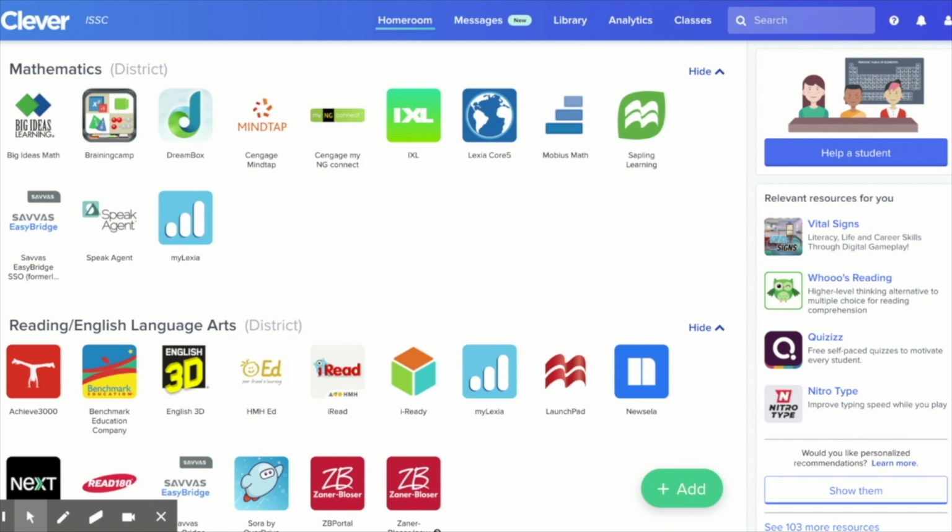Now, one of the main things that students have been using this year in K through 5 for their online resources and tools is Brainingcamp. We're going to take a look at Brainingcamp just to show you some of the different online tools that your students can use when solving math problems.